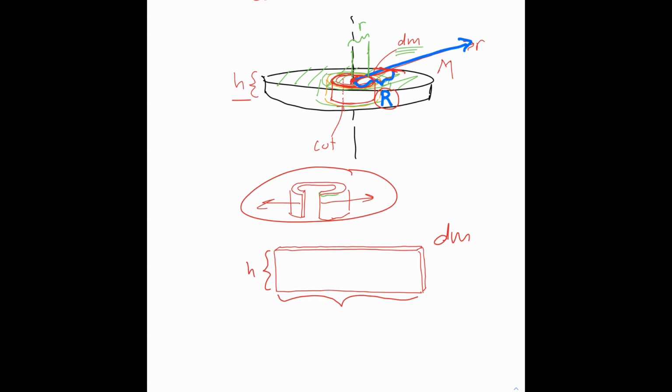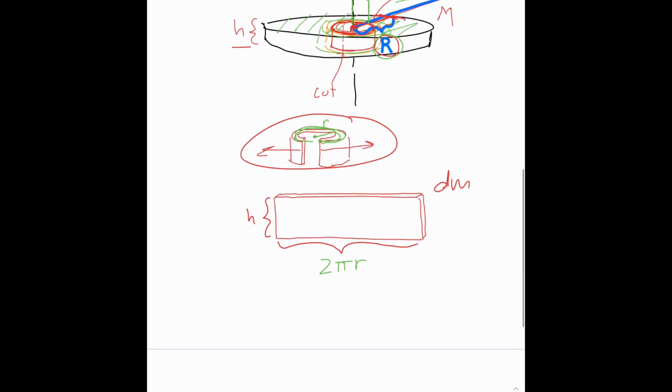So the ring goes around, this ring has a radius of little r, and it's a portion of the entire disk that has a radius capital R, and when I unroll it, the length is just the perimeter of this ring, so this would be 2 pi r. Then what's this? Well, that just represents a very small thickness. We want to imagine that these rings are very thin so that their thickness t is much less than their radius r.